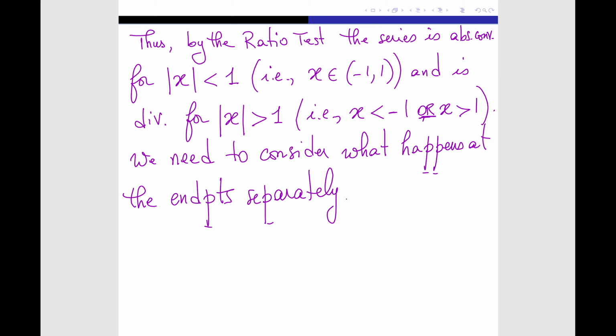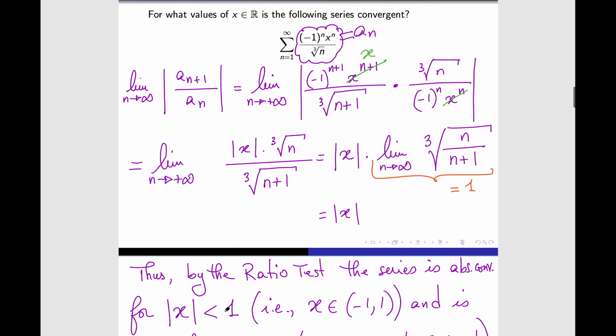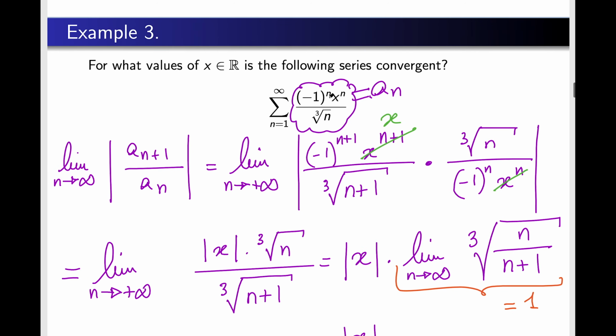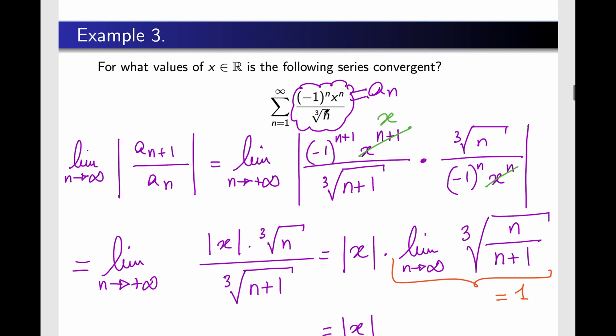Let's start with x being equal to -1, let's say. So what happens when x is -1? When x is -1, what happens to the series? You see the series? This becomes the series with (-1) to the power n. I'm replacing x by -1, trying to understand what happens when x is -1. So that x is now -1, and here I'm going to have the third root of n.